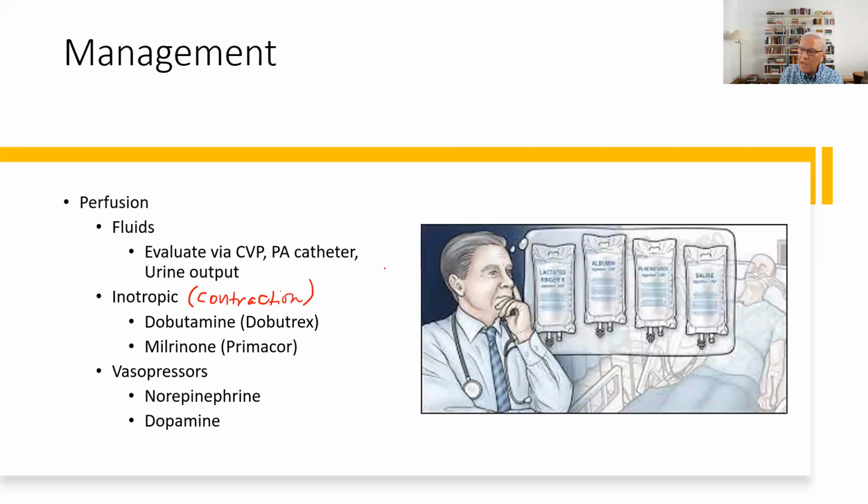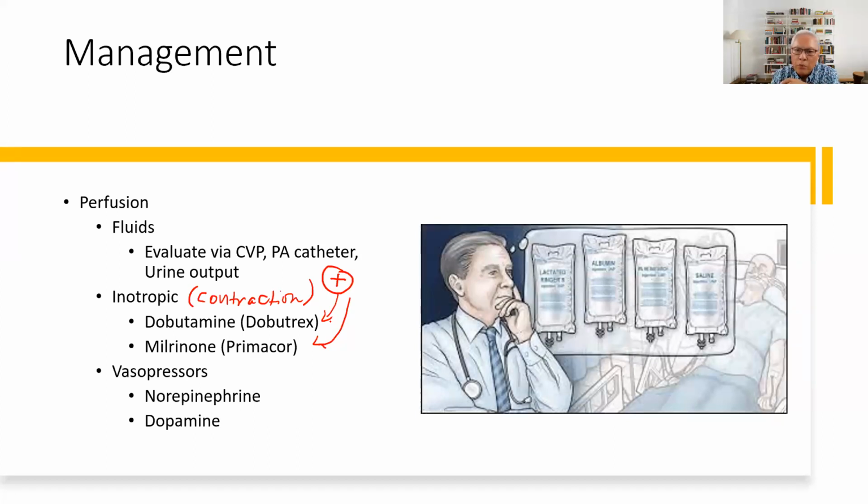If we say that we have a positive inotropic agent, these are examples of positive inotropic agents. They increase the force of cardiac contraction. Dobutamine or Dobutrex can increase cardiac output, and therefore by doing so, you could boost oxygenation.